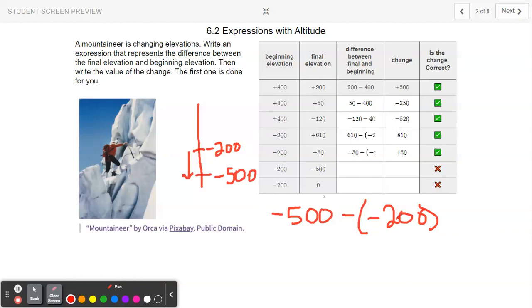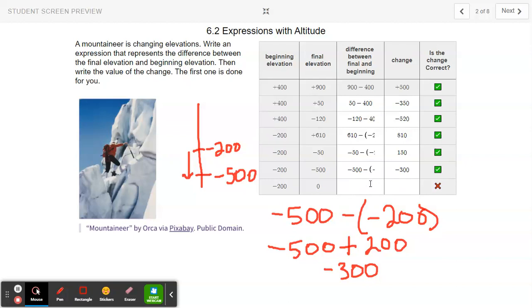And I also know that this is the same thing as taking that negative 500 and adding the opposite of negative 200, which is positive 200. So the difference here is negative 300. That did end up working out for us. So let's move on to the next one.